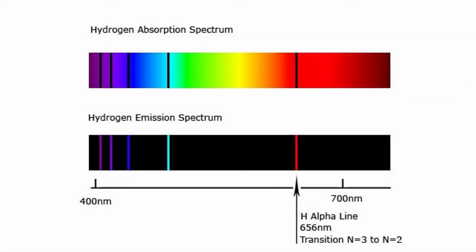So if we're looking at absorption, the lines represent those dark spots, all the wavelengths that are being absorbed. And because whatever gets absorbed equals whatever is released or emitted, these lines represent the wavelengths that got released.